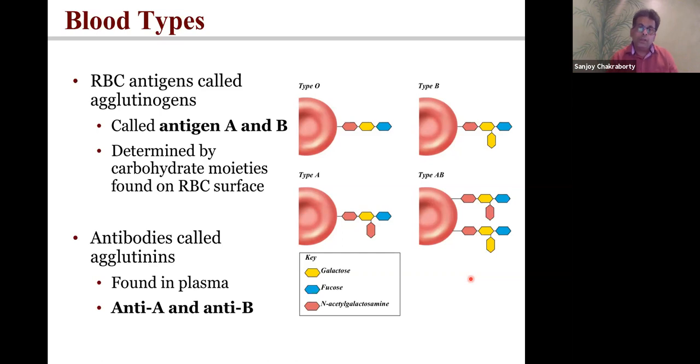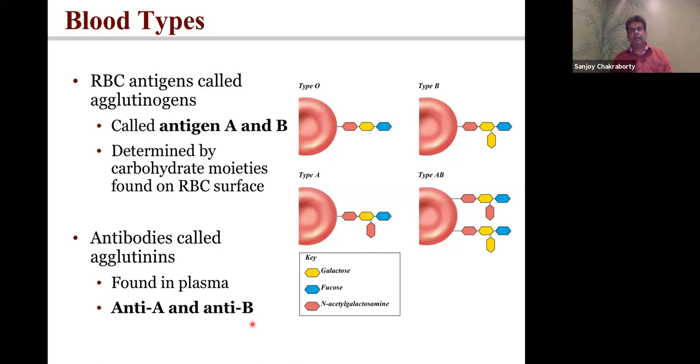Now, there are two types of antibodies found in the blood plasma, okay, that the body produces. They are anti-A and anti-B. These are the two types of antibodies. Follow the name: anti-A means they work against A. Anti-B, they work against B. That's why the name.